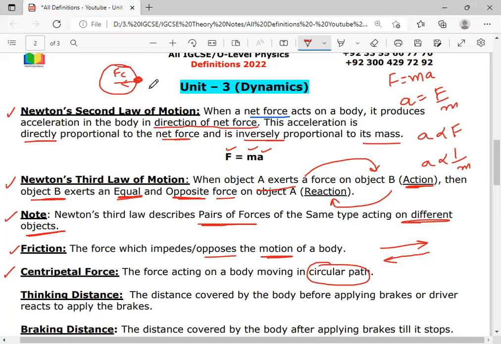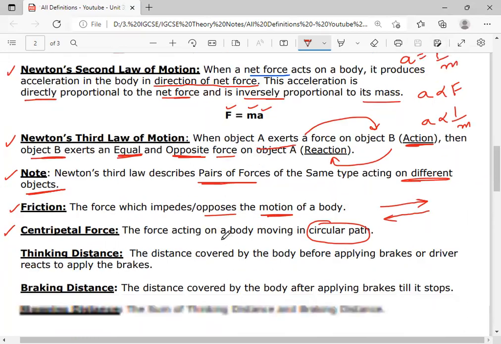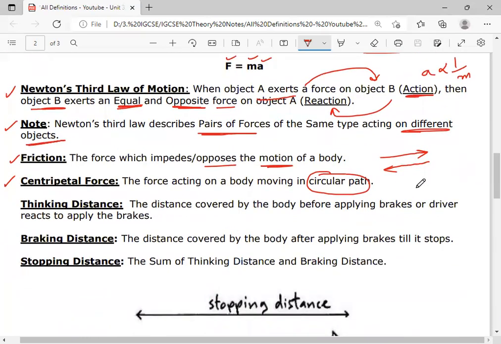This centripetal force always acts towards the center of the circle. It is denoted by Fc, and its formula is mv²/r.